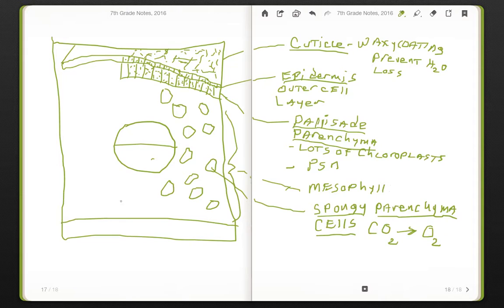This lower layer of cells, down here at the bottom, is another layer of epidermal cells. And we'll call this epidermis, but it's on the lower surface of the leaf.